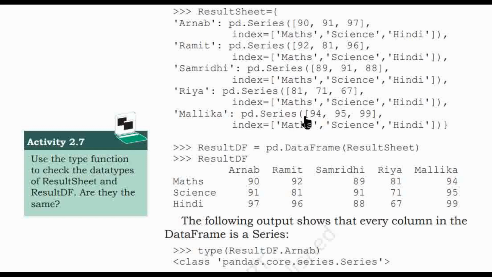Mallika: pd.Series([94, 95, 99], index=[maths, science, Hindi]). resultDF = pd.DataFrame(resultsheet). resultDF: Arnab Ramit Samriddhi Riya Mallika. Maths 90 92 89 81 94. Science 91 81 91 71 95. Hindi 97 96 88 67 99.